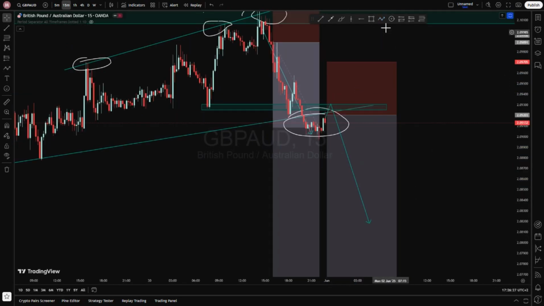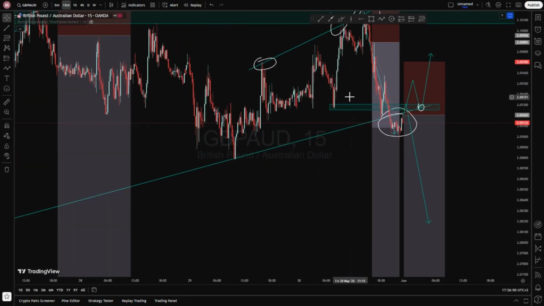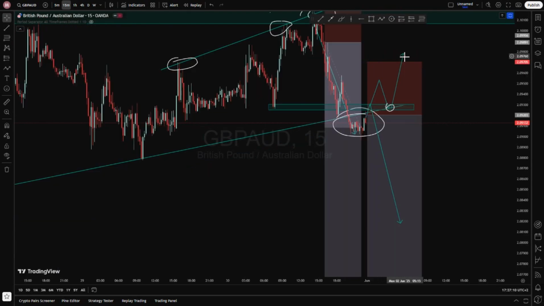If this does not happen, say price starts pushing to the upside, comes back and respects this level and continues pushing up, then if you have entered this trade, you are closing, because this means that the setup has been invalidated.